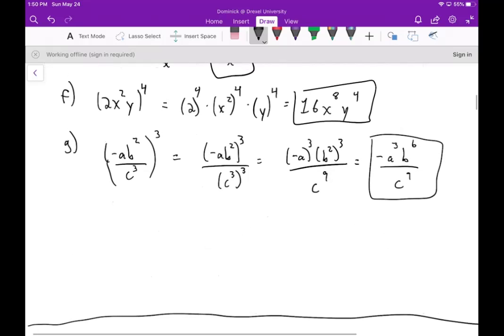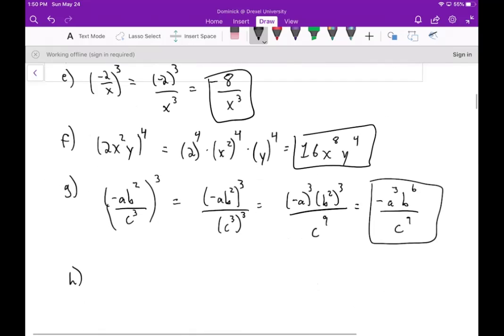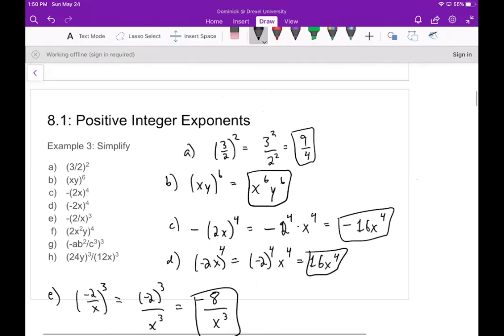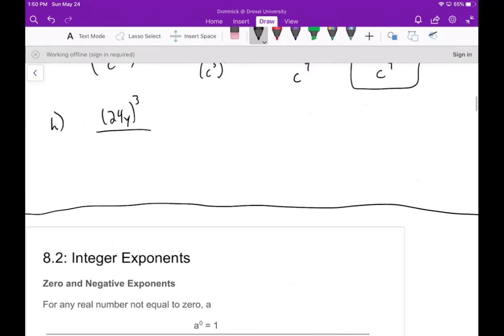Okay, and then last but not least, part H, we have 24y to the third. So 24y all in parentheses, all to the third. And in the bottom, we have 12x to the third.